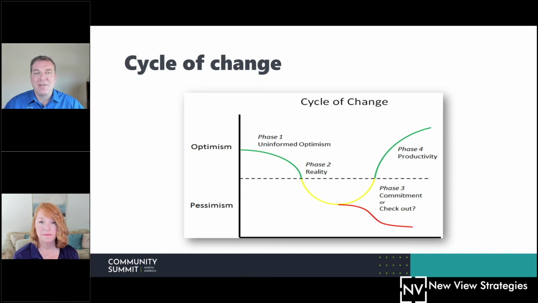And so that would explain why people have different perspectives at different times. Everybody's going to go through this, and really your goal is to reduce that time and reduce the depth of that dip into the pessimism area, right? You want to make sure that people are feeling good and staying motivated, and again, clear on the who, what, why, how, all of that. Agreed.